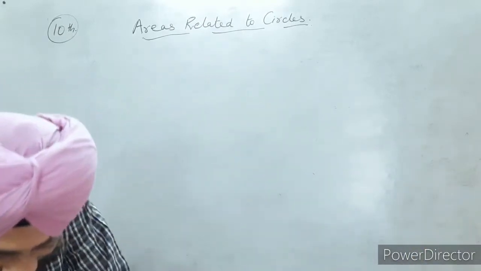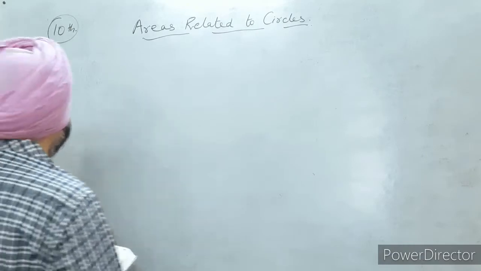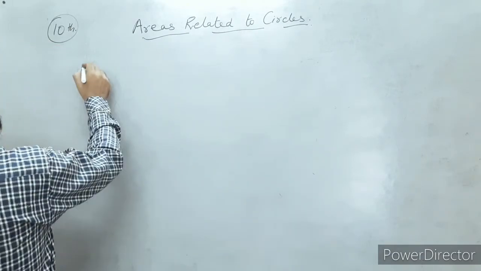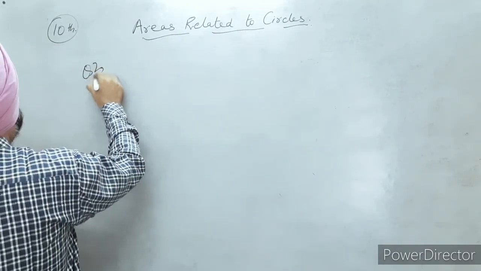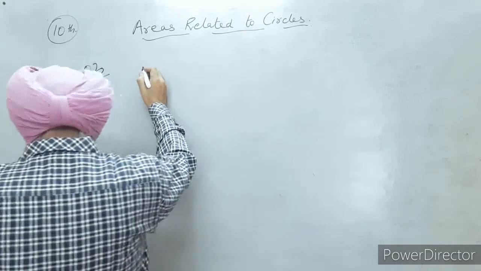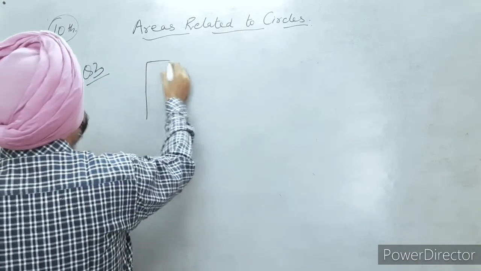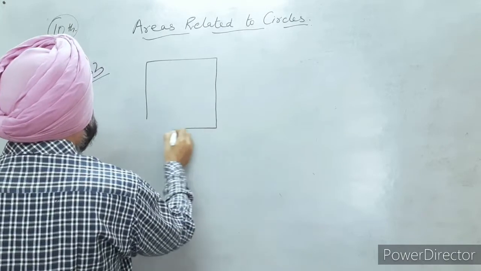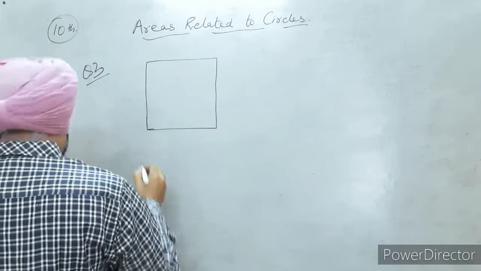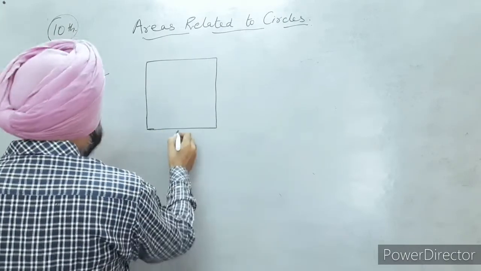Now the question is the third sum. Question number 3. A square is there, right? Side is 8 centimeter.